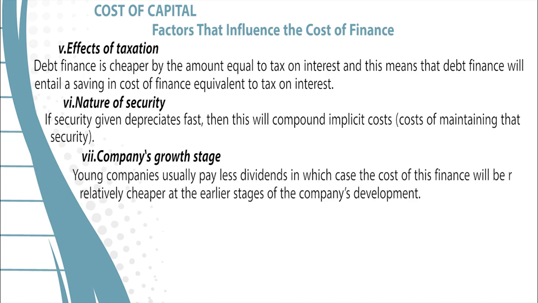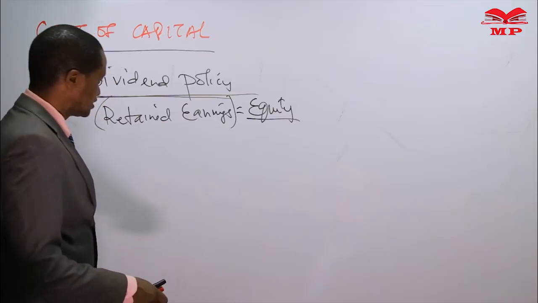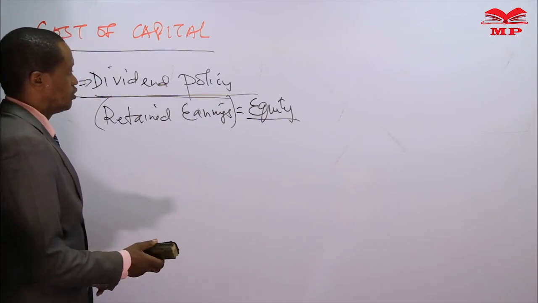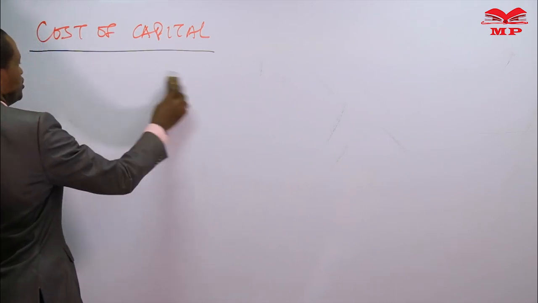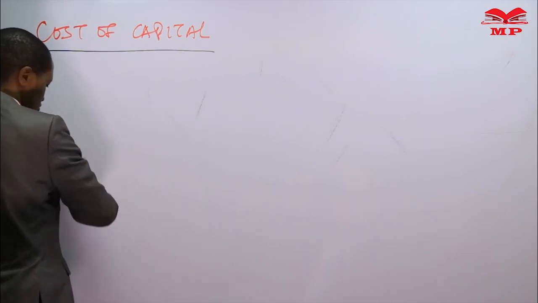Young companies usually pay less dividends, in which case the cost of finance will be relatively cheaper at the earlier stage of the company's development. So these are some of the factors that may influence the cost of finance or the cost of capital.